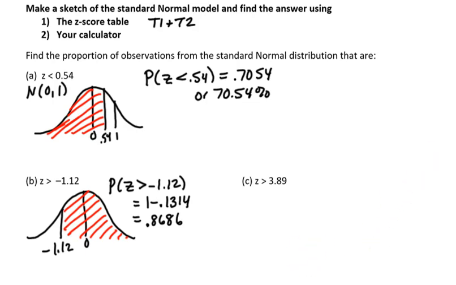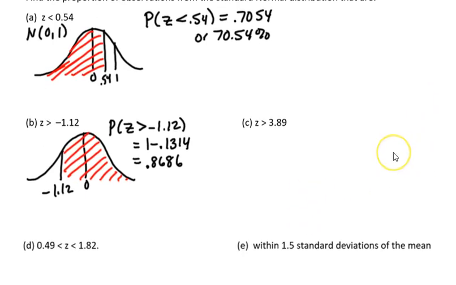Okay, the next one. What's the probability that z is greater than 3.89? 3.89 is going to be way out here. I'm going to draw a little red shading under here. 3.89 is very far away from the center.